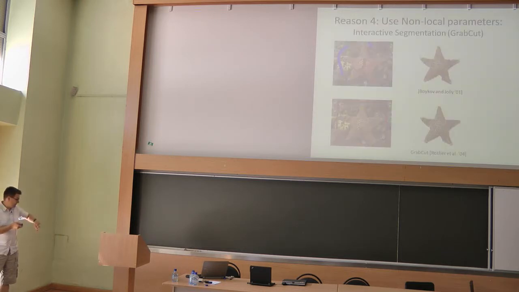Okay. Now let me come to non-local parameters. This is what I showed before with the brushstrokes. If you say that an object should have a certain color model, and the background might also have a compact color model, before we got it from the brushstrokes, but we might want to get it directly from the objects.